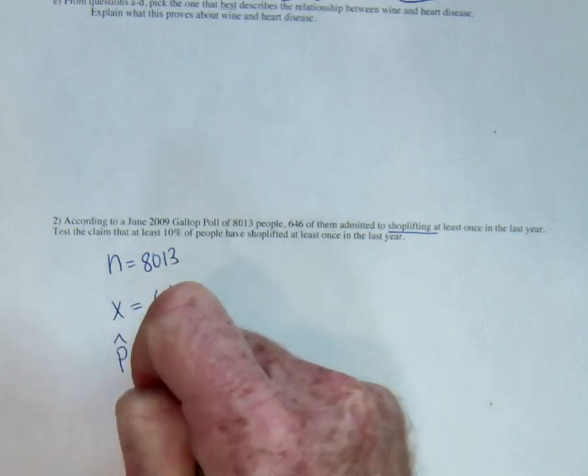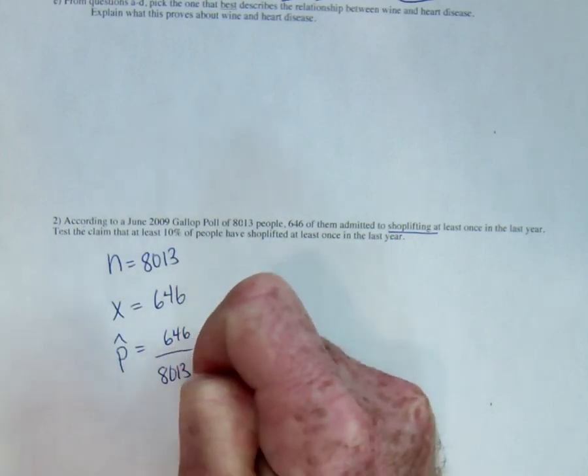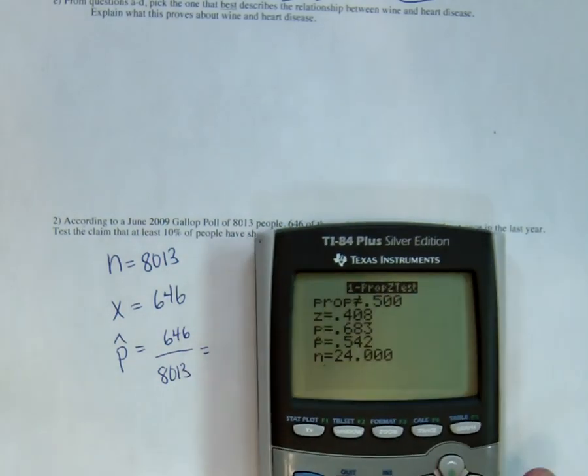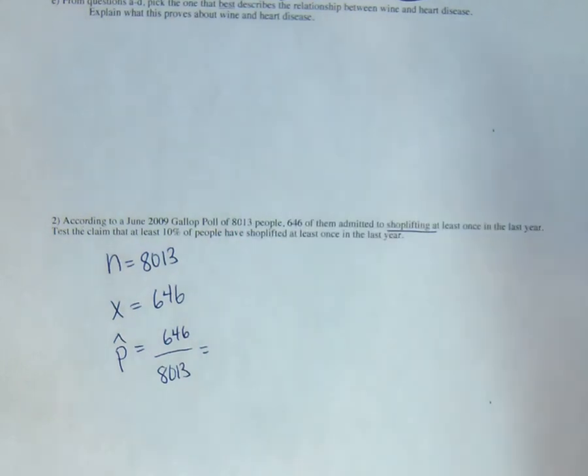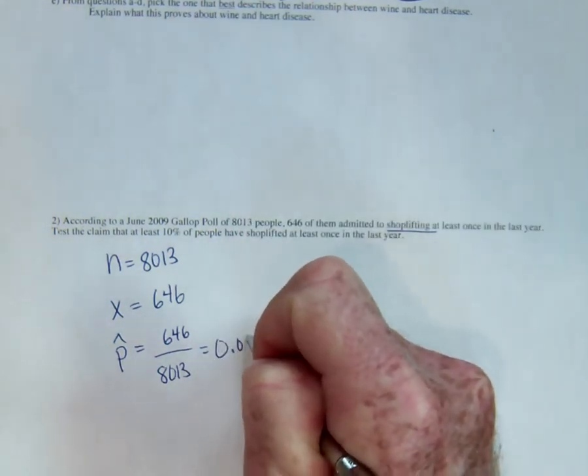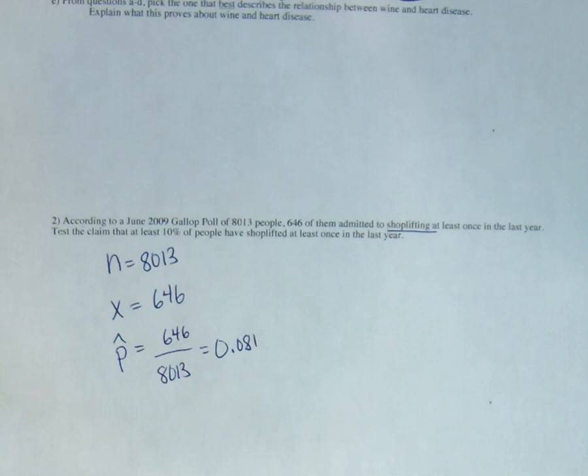That's 646 out of 8,013, which is 0.081. Or in other words, 8.1% admitted to shoplifting at least once in the last year.